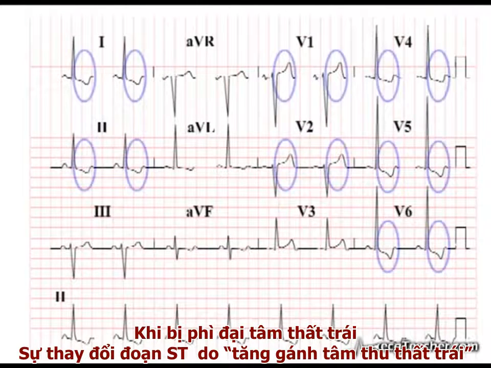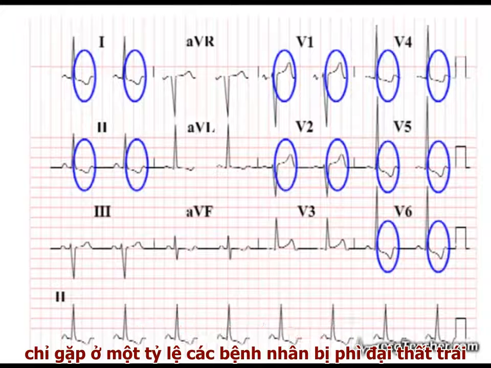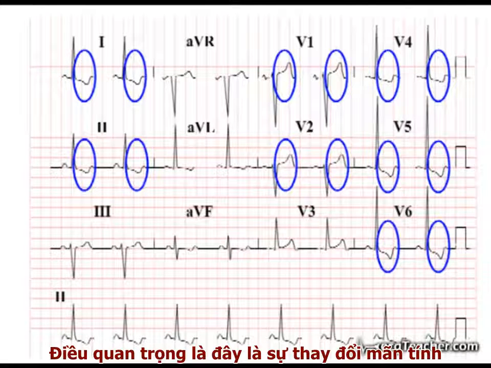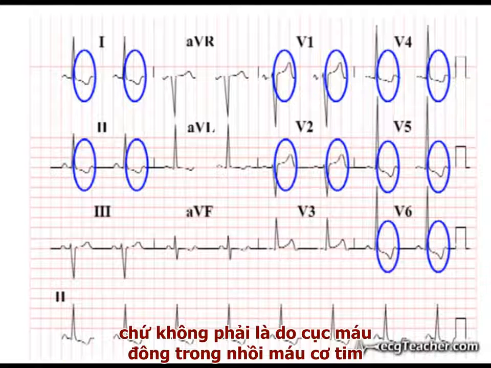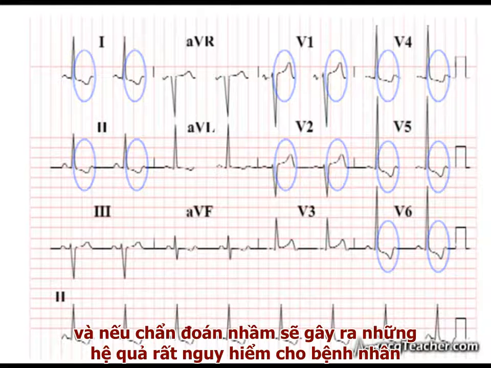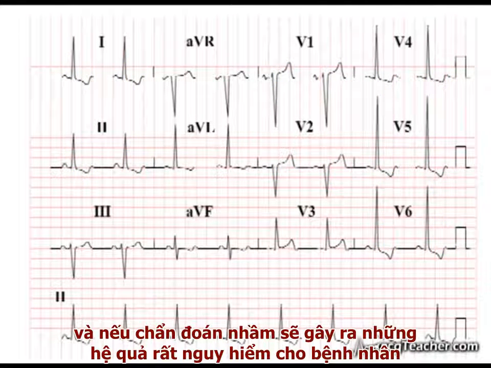The ST changes of the strain pattern are seen only in a proportion of patients with LVH and may identify a subgroup with a more severe degree of hypertrophy. The key point is that they are chronic changes and are not due to acute coronary artery thrombosis. They are easily confused with the ECG changes of infarction or ischemia, and misdiagnosis can have catastrophic consequences for the patient.